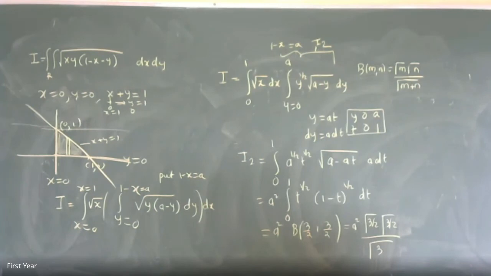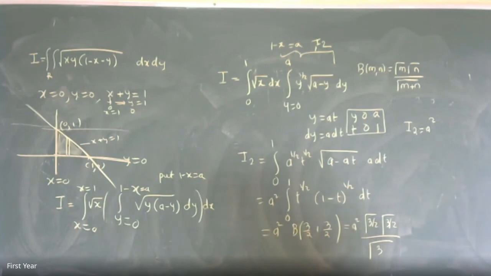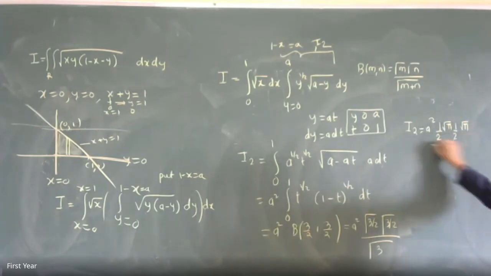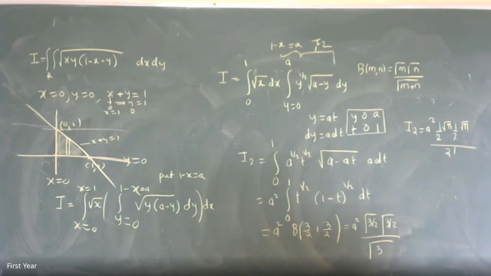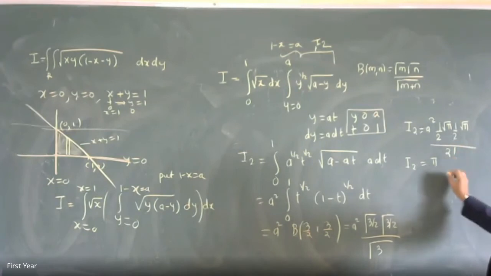And therefore the value of I2 will become a square gamma of 3 by 2 squared over gamma 3. What is gamma of 3 by 2? Half into root pi. So half root pi, again half root pi, divided by gamma of 3, which is 2 factorial. So your I2 value is pi a square by 8. That's the value of I2.